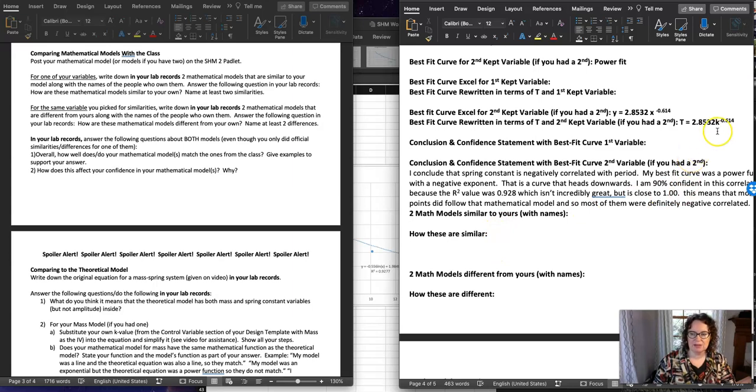Okay, let's talk about how you can tell if they are similar. The first thing is, are they the same function? Is yours a power function? Are they exponential? Are they logarithmic? That's really the first thing to talk about, because if they're not the same function, then technically, according to math, they're not even similar to each other.